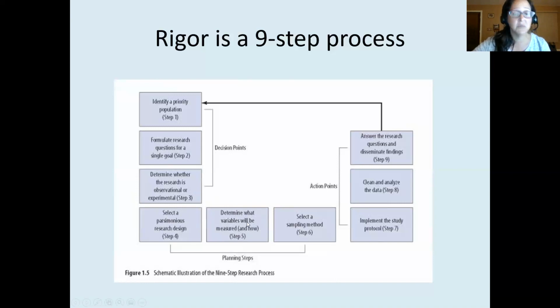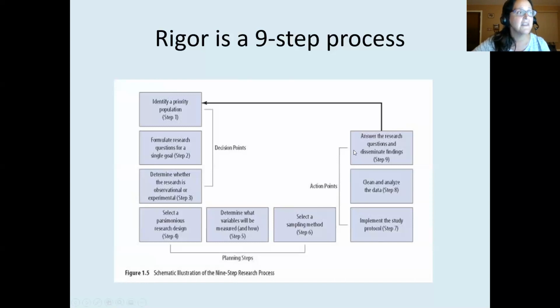Are you going to be observing behaviors, for example? And then the other thing you need to do is you need to select a sampling method. So out of that priority population that you had identified in step 1, you are probably not going to be able to ask questions or survey or observe everyone. So you're going to have to find some way of sampling. And again, we'll go through different sampling methods and some of the strengths and weaknesses of each one as the semester progresses.